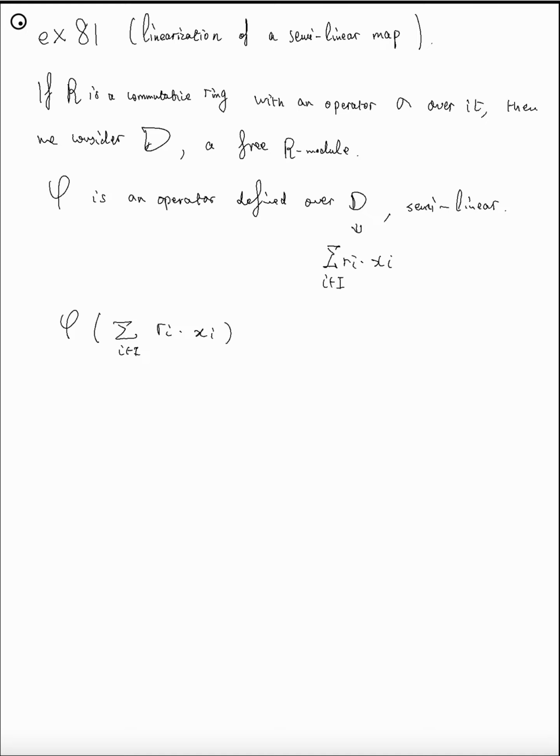So if it's linear, then it would tell you that this equals the sum of r_i times Frobenius of x_i, right? This is linear.